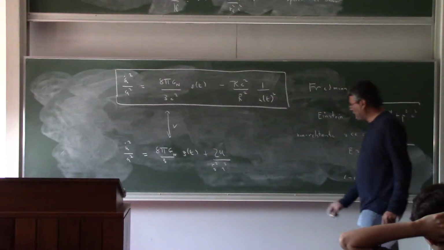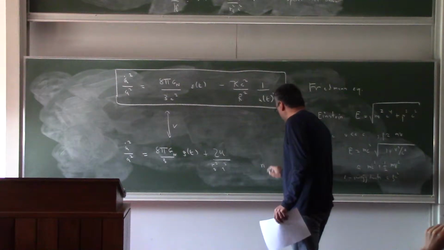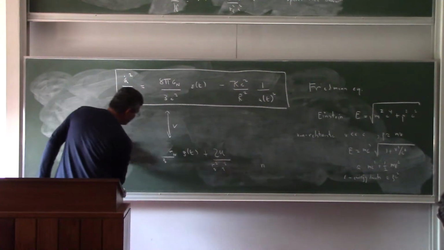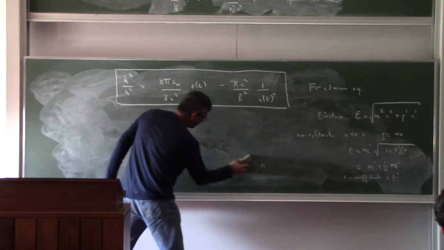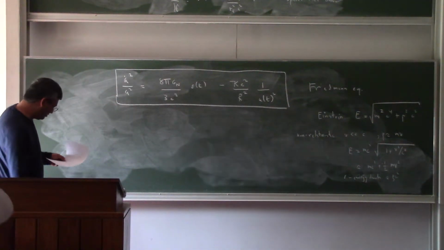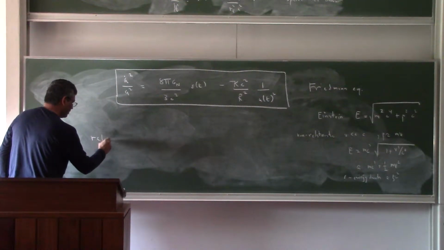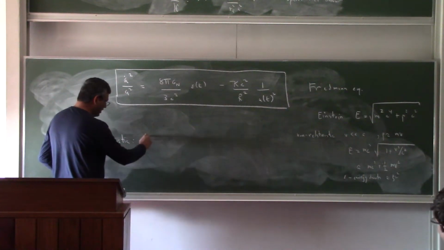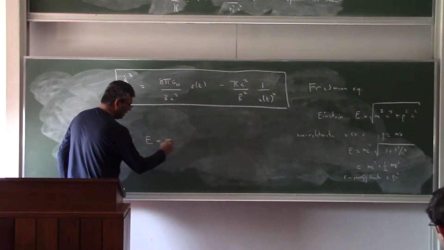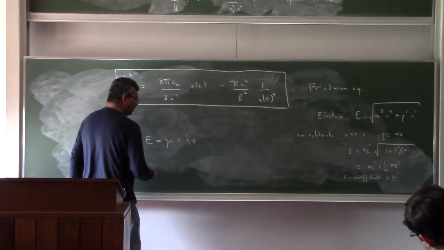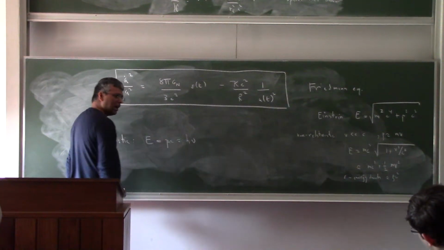In the relativistic case, let me erase the Friedmann equation. We have the energy equals p times c. So for example, for photons, this is going to be Planck's constant times the frequency.